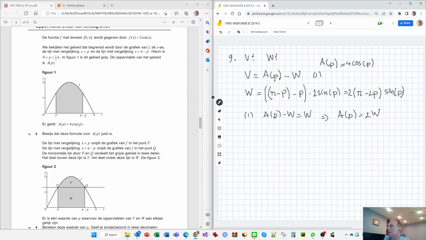So we get the equation 4 cosine p is 2 times this thing here. So it's 4 cosine p equals 2 times (pi minus 2p) times 2 sine p.